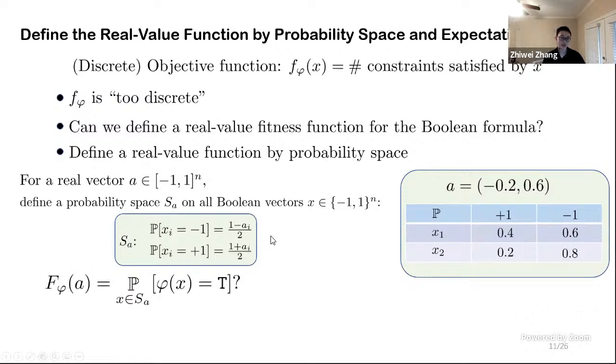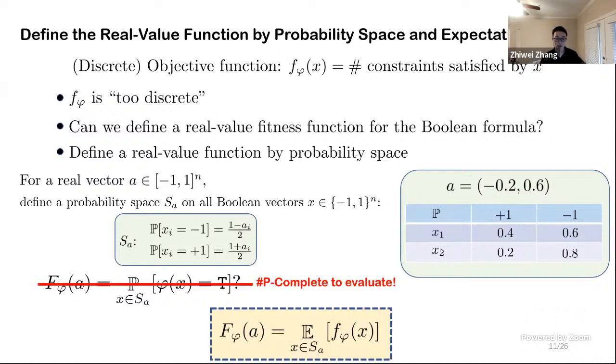After we get this probability space, one of the ways that we can define our real value function is to use the probability that the formula is true under this probability space, right? This looks good, but unfortunately, this probability is #P-complete to evaluate because it reduces to the model counting problem.